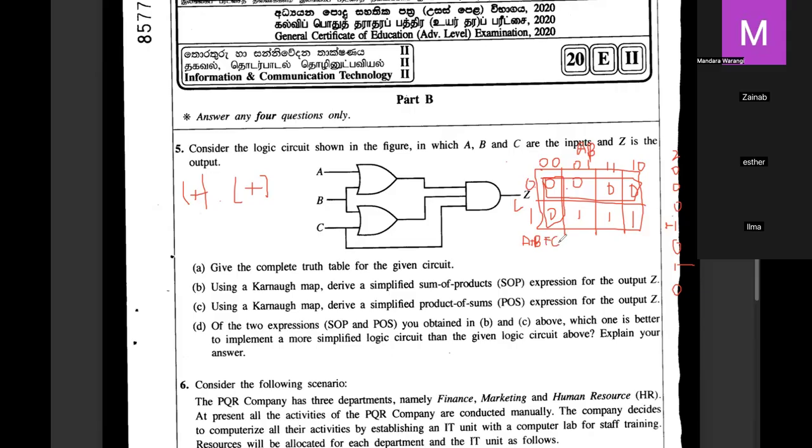Then you have A plus B bar, because B is 1. And C is 0. Now write the others as well and do the calculations: take the common values, take the product of those values, and give me the answer.